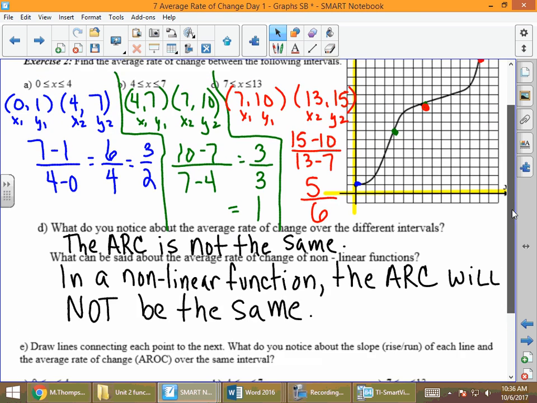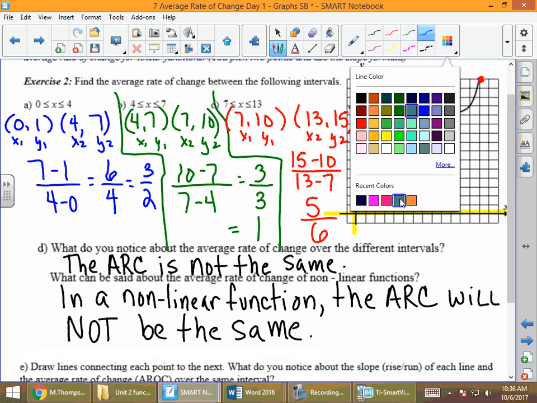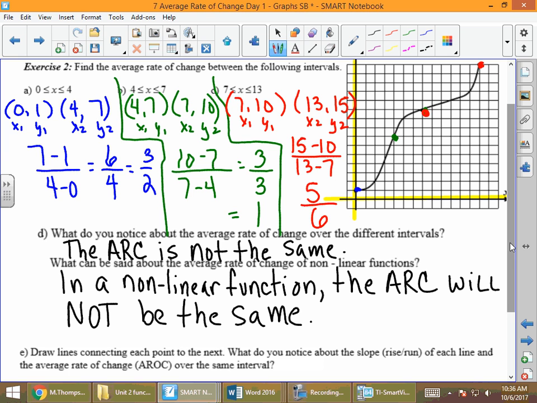But what's going to happen now is we're going to draw a line from the first point to the second point. And we're looking at this from the perspective of rise over run. So here's our rise, and here's our run. Well, we rise 1, 2, 3, 4, 5, 6.